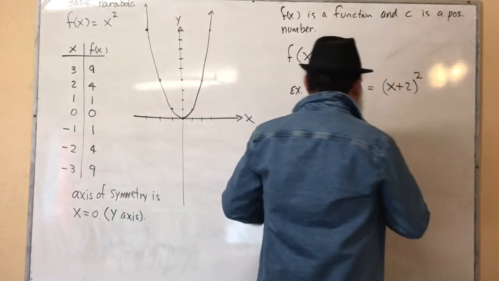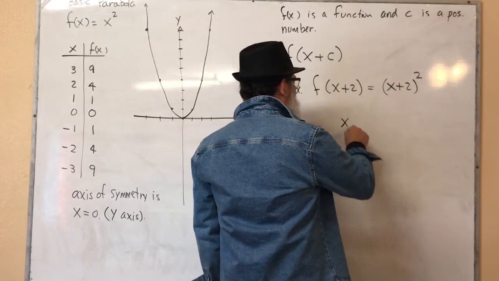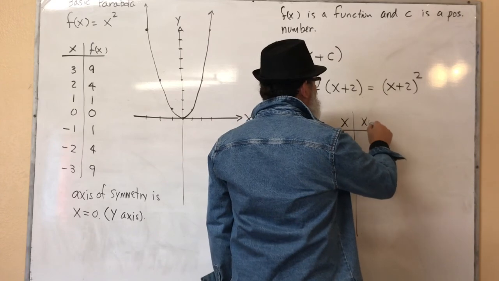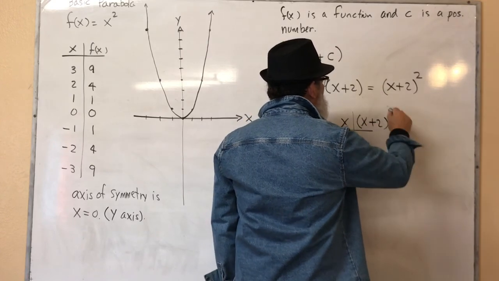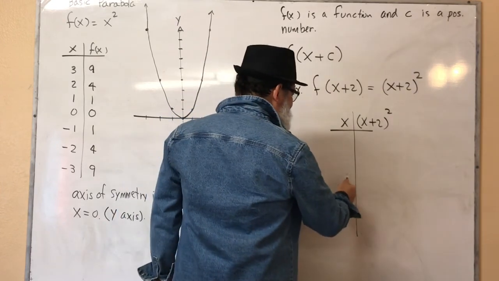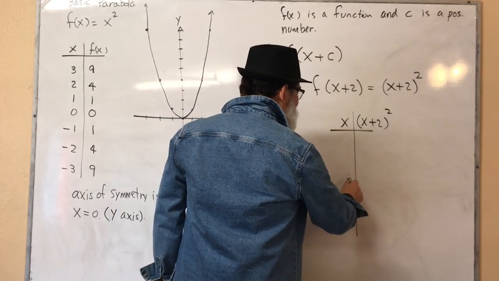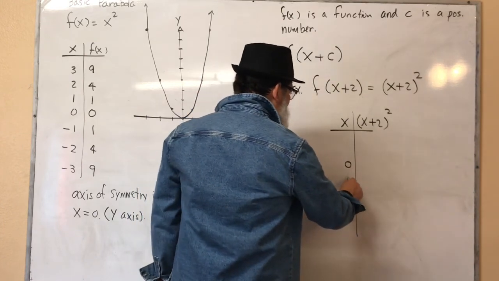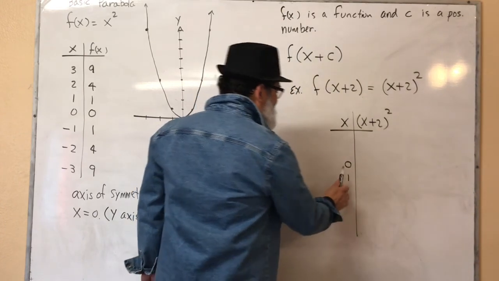Watch this. Here's x. And here is x plus 2 squared. Watch this. Let x be 0. Let x be 1. Actually, -1.